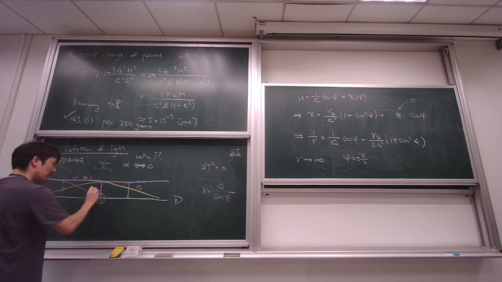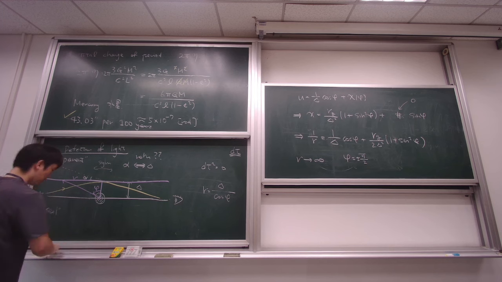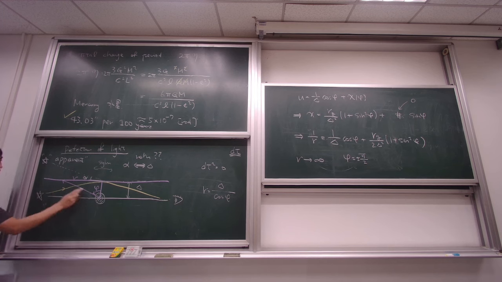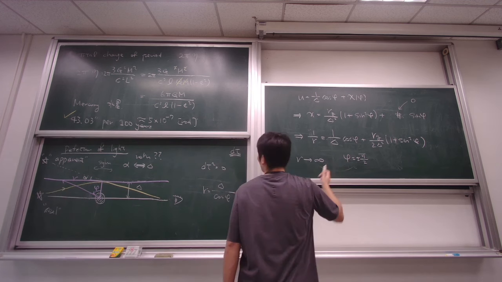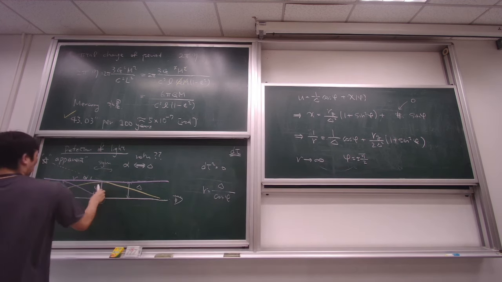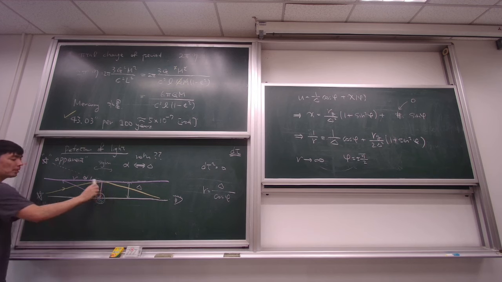Sorry, phi is here. Cosine is this divided by this one, right? Yes, this over this one. So okay, phi is this one. Therefore, as R goes to infinity, phi should be either minus pi over 2 or plus pi over 2.